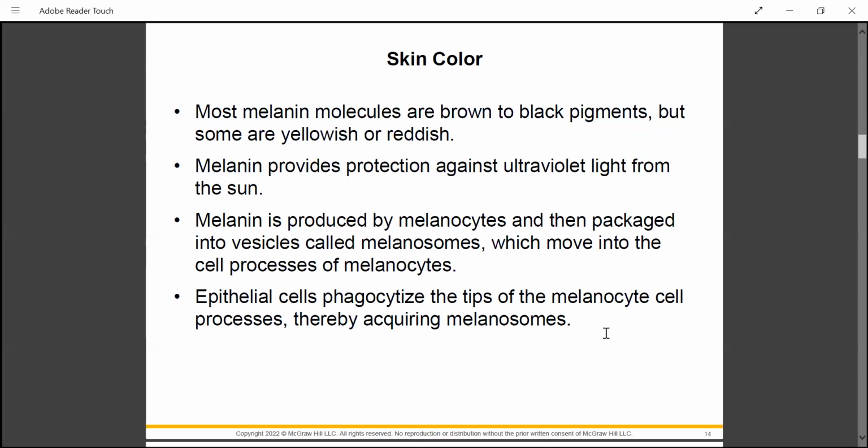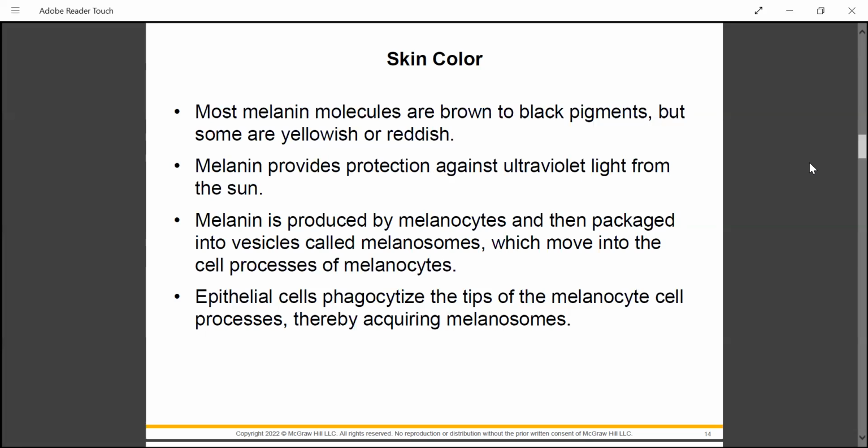As I said, most melanin is brown to black. Some can be a yellow or a red. So the color of the melanin that your skin produces is going to affect color. And the melanin is there to protect us against ultraviolet light from the sun. It's our own natural version of sunscreen or tint.